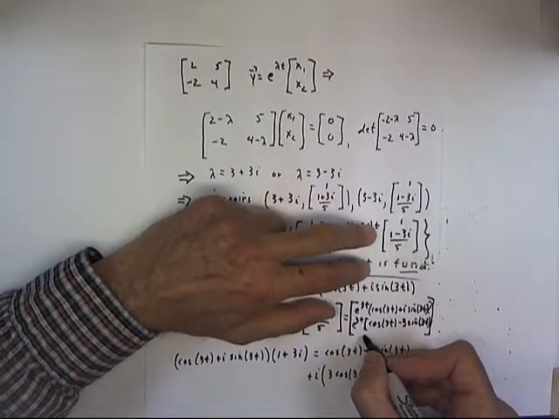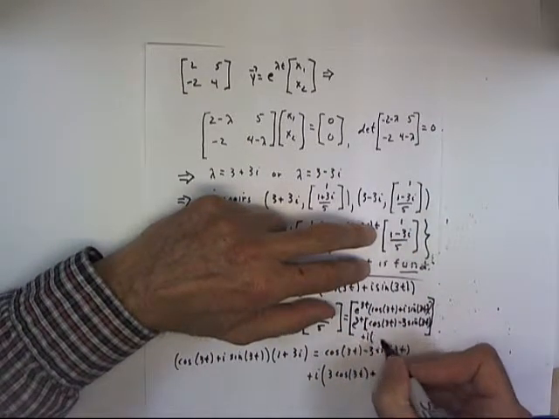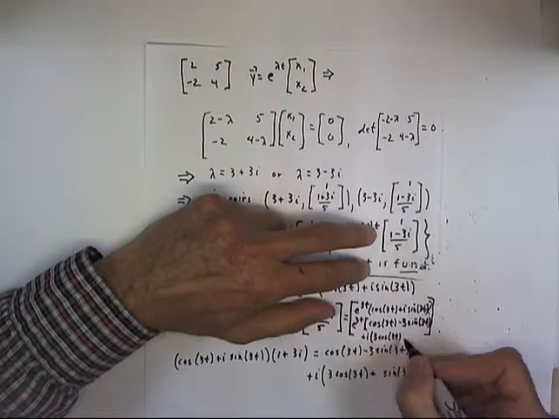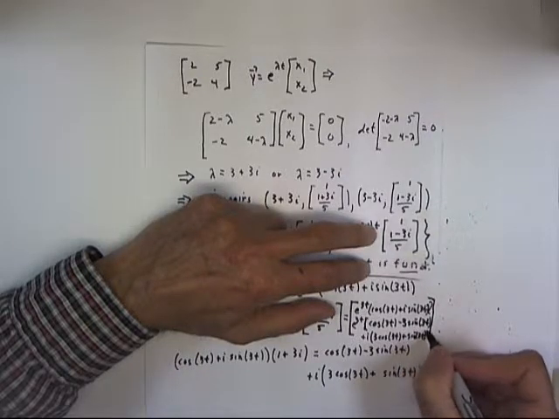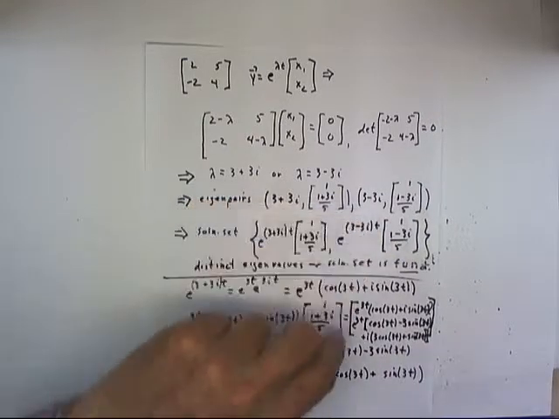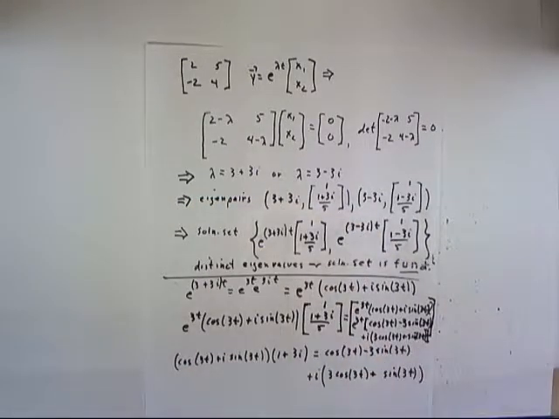And then it's going to be plus i times 3 cosine of 3t plus sine of 3t. Close the bracket. Now that's written way too small, and I don't expect you to be able to read that. I'll rewrite it on the top of the next page.